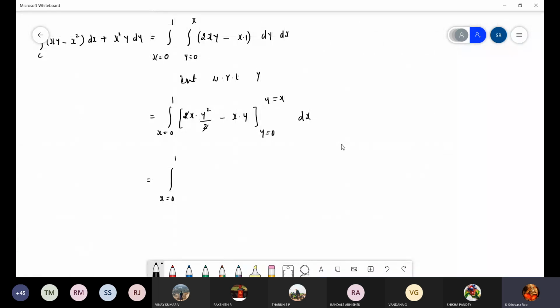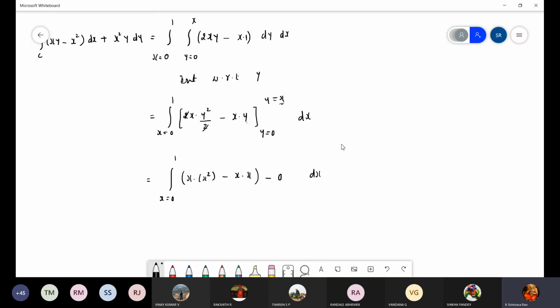If it is easy, you can continue and complete the problem. Now for y we have to substitute. Put y equal to x, the upper limit: you will get x² minus x into x. Minus the lower limit, where both terms have y, so putting y equal to 0 gives 0, and just dx.